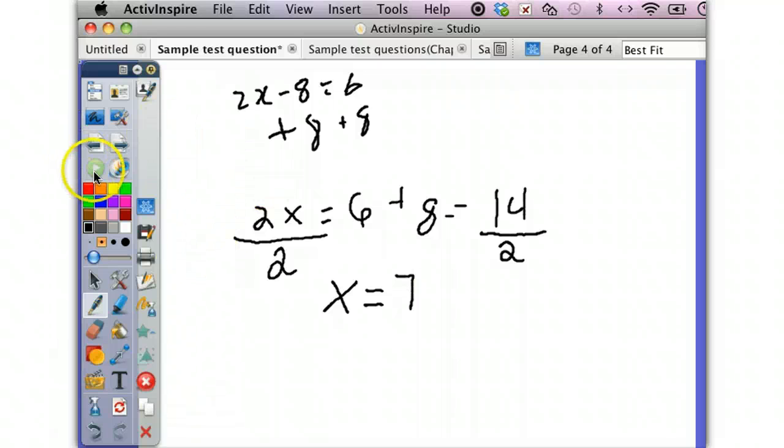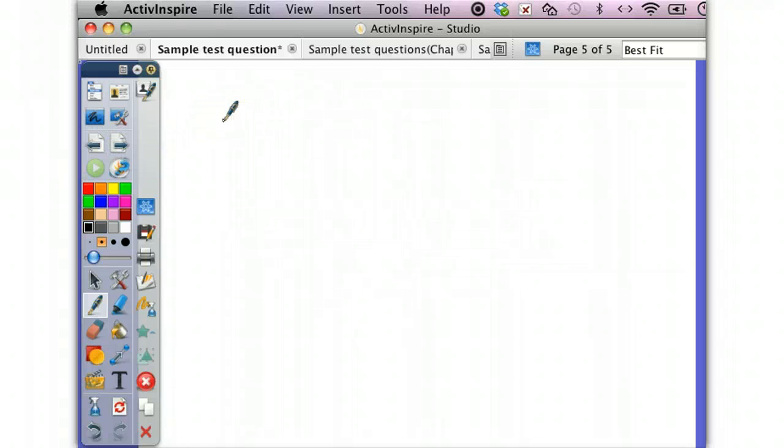Let's go to the last set. No more talking now. Flip the page. Here I'm going to have to draw this one. I don't have it yet, but it shouldn't take too long.